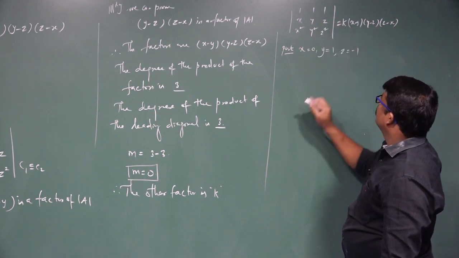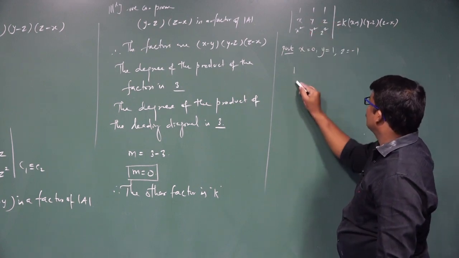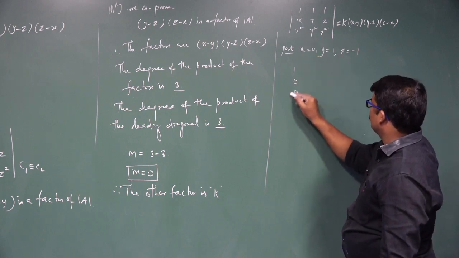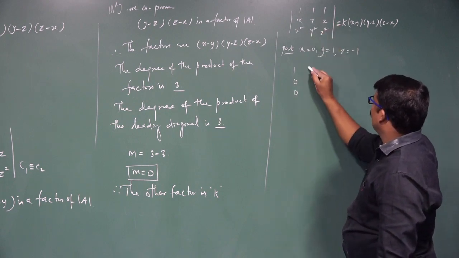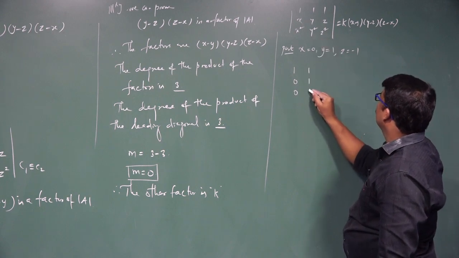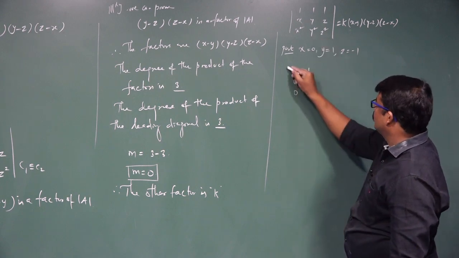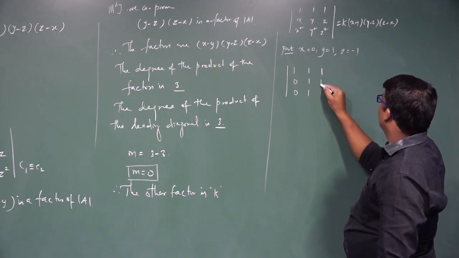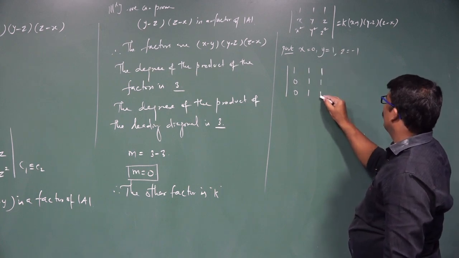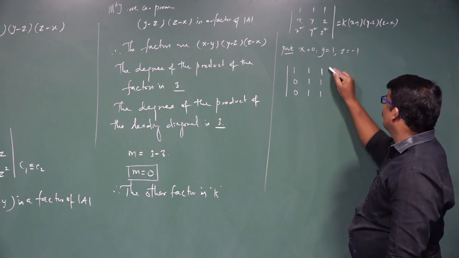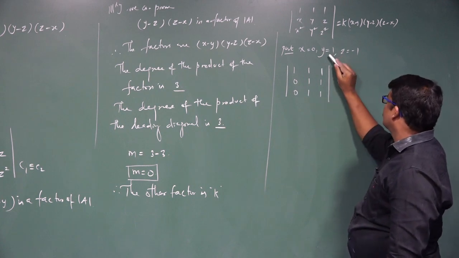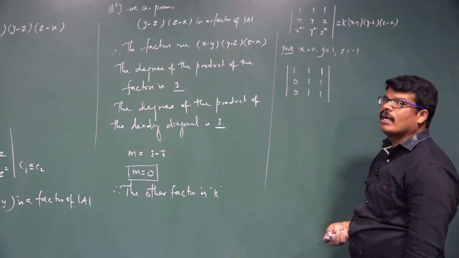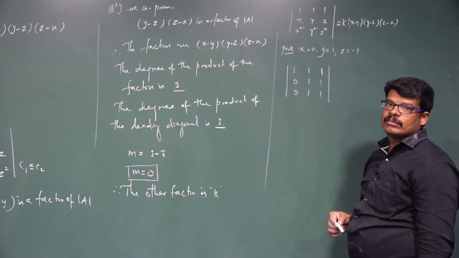Substitute in the determinant: 1, x value 0, 0; next 1, y value 1, y square is 1; next 1, z value, z square is 1. Two columns are identical, so the value is 0.